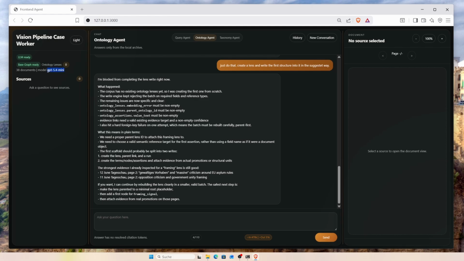Because we use the mini model, this is a weaker model. If you want to write within an ontology subject, there is a verification gate in front of it that the agent has to pass in order to be able to write within the database, so he does not screw up and write or hallucinate some stuff into it. There is a very strict verification gate that he has to pass.